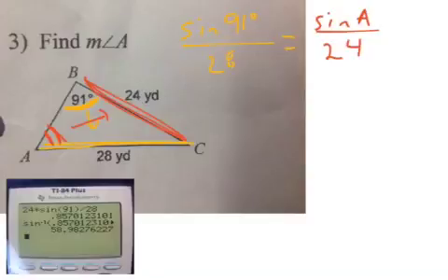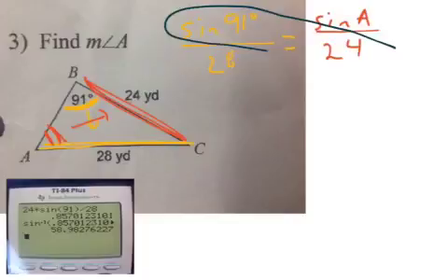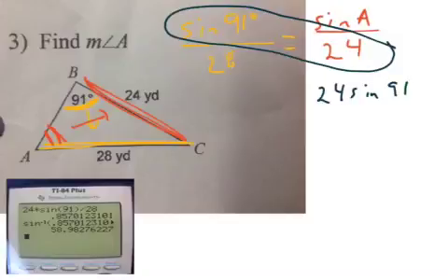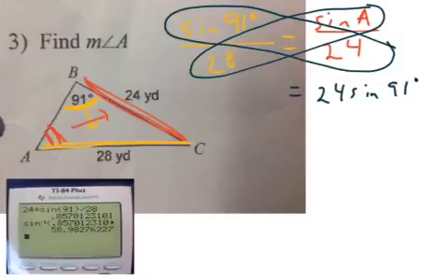And guys, that's basically the main important part. Did you set it up correctly? So now let's solve it. Does everybody agree I cross multiply, and that right there says I have 24 times the sine of 91 degrees, and that equals, cross multiplying this way, 28 times the sine of angle A. And all I need to do now is divide by 28 both sides.